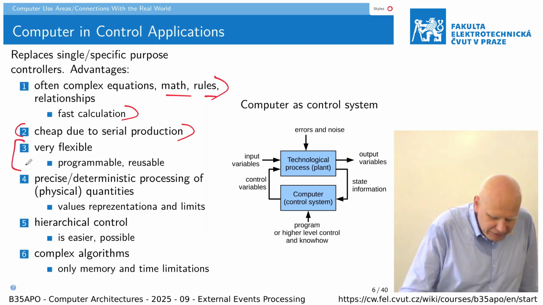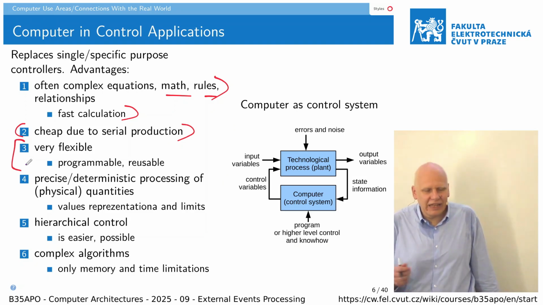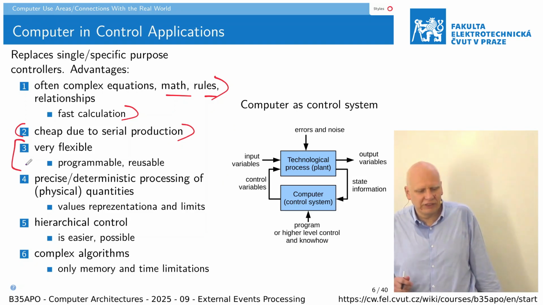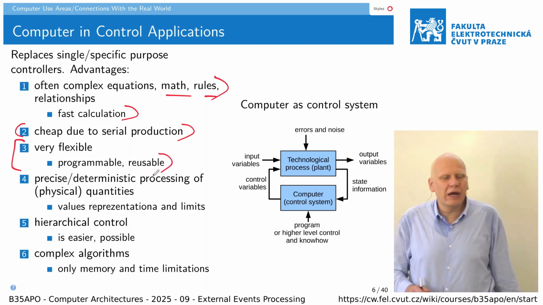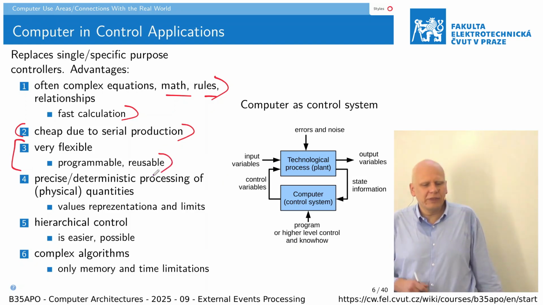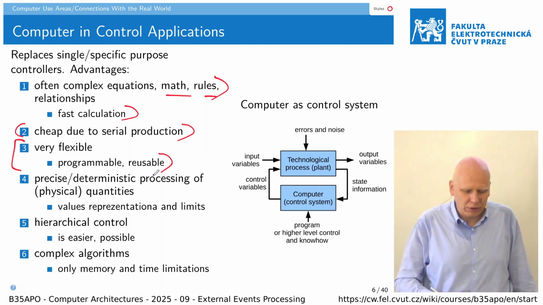And even if we use that generic chip or chip with some peripherals and so on, because we can change the program, it is reusable and reprogrammable and so on.